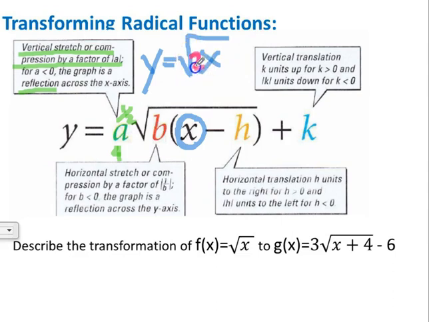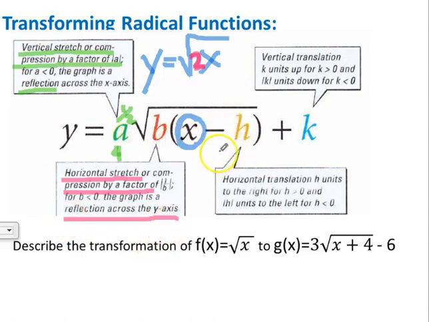If I squeeze a 2 in front of the x, that means a horizontal stretch has occurred. If I said 1/2 in front of the x, that would be a compression. So if we have a number in front of the x, it's showing a horizontal stretch or compression. If it's a negative number, that means we're going to reflect over the y-axis.